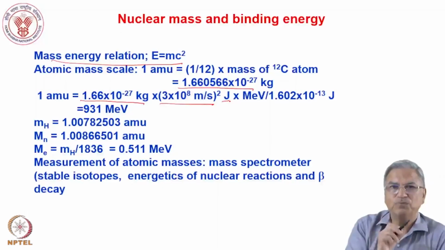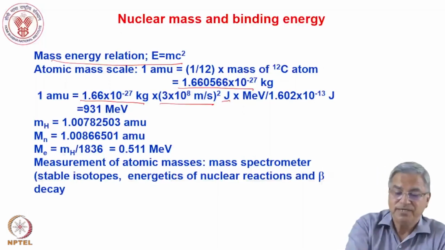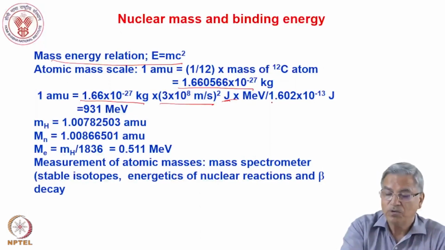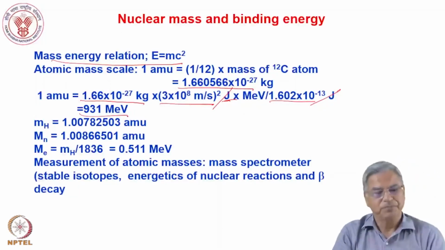So if you use the units in the proper way, you will get the proper units of the final answer. This is joules, and you want to convert into MeV. So 1.6 into 10 to the power minus 13 joules per MeV. So joules will cancel with joule, and you will have 1 AMU equal to 931 MeV.